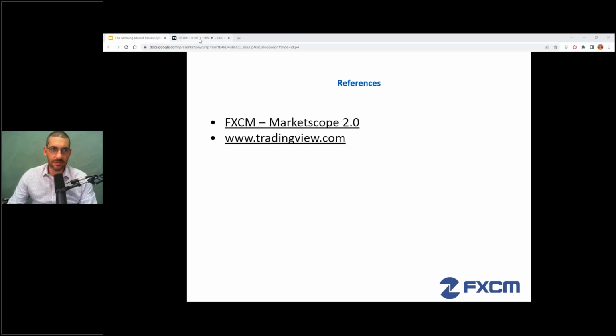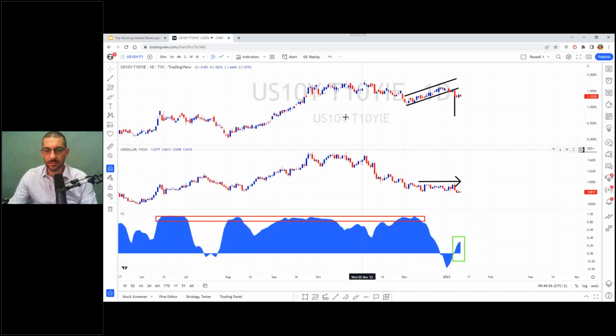Awesome. All right, we're going to start off again with the real rate. We look at this all the time. I think it's a good place for us to start in terms of our analysis. Basically, what we have in our top chart is the US 10-year minus the 10-year breakeven. It gives us what we call the real rate of return. And then this indicator at the bottom is a correlation coefficient.